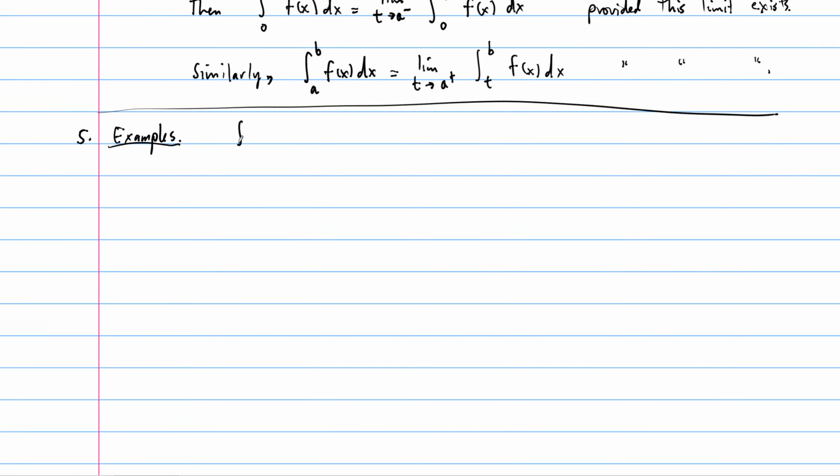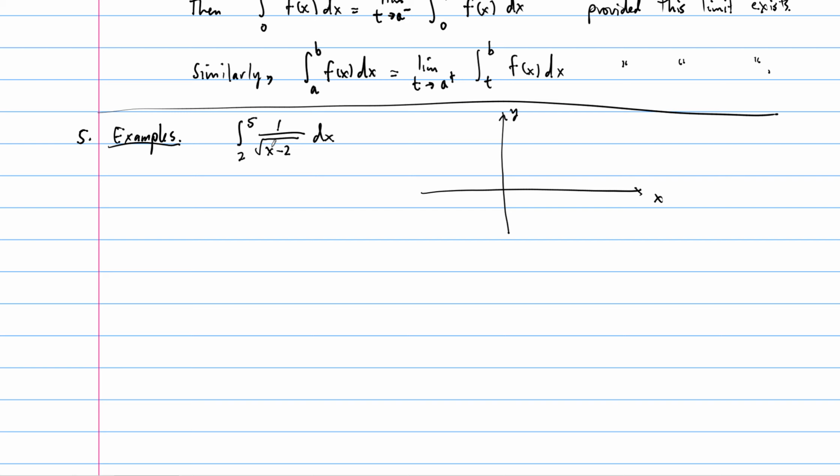I just got a couple of these. Here's one: the integral from 2 to 5 of 1 over the square root of x minus 2 dx. Before we do anything else with this, is this one improper at all? Notice with type 2, you cannot see the improperness from the bounds. You don't see the infinity in the bounds. So we're going from 2 to 5, 1 over the square root of x minus 2. Obviously, as x approaches 2, the denominator becomes very close to 0.